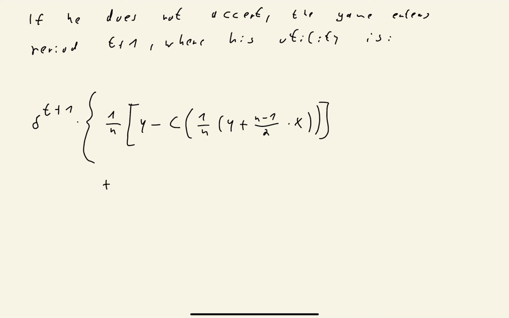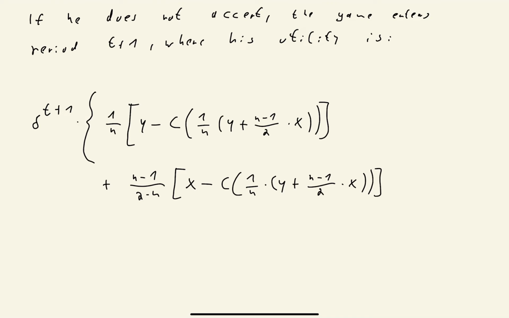Then with probability (n minus 1) divided by 2n, he will not be the proposer, but he will be part of the minimum winning coalition. In this case he gets the same utility he would have gotten if he had accepted the proposal in period t: x minus c times (1 divided by n times y plus (n minus 1) divided by 2 times x).